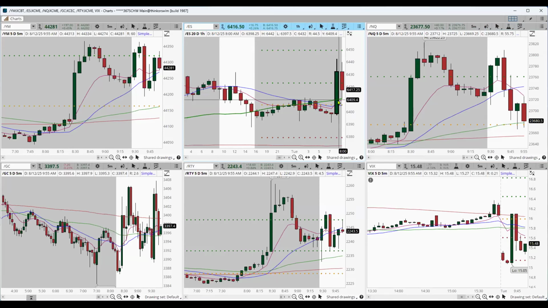Here's the 1 hour in the S&P, very similar to NASDAQ, still into the minor support here at 64.10. In the pre-market game plan, we talked about the fact that we would like to see the 64.20 hold, but we don't exclude a pullback to 64.10.